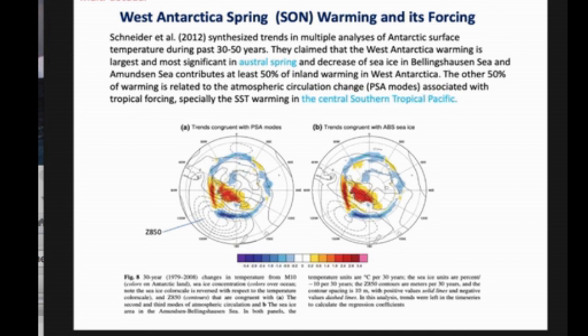The local trend, they have exactly the same pattern and the same magnitude. The story behind it is this anomalous low puts the heat into the polar region. Generally, the warm temperature also reduces sea ice. And then when you reduce the sea ice, you bring more heat from the ocean and warm the atmosphere more. So they claim sea ice and atmosphere feedback play 50% of the influence.